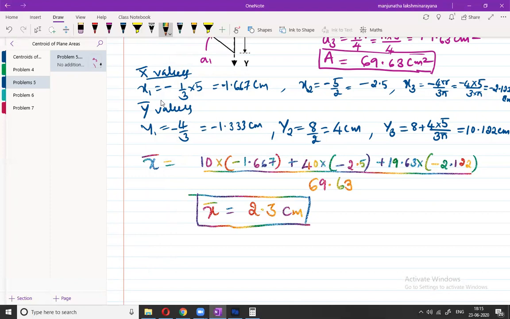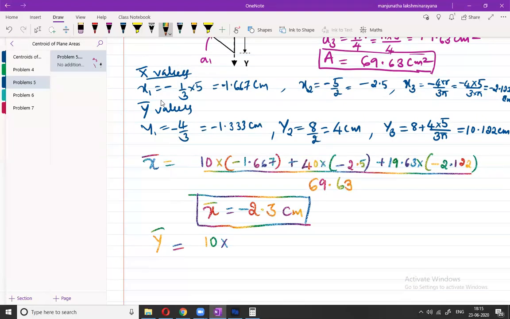Next, the y bar value is equal to A1, 10 into, actually this is negative, because I've taken all the negatives outside.